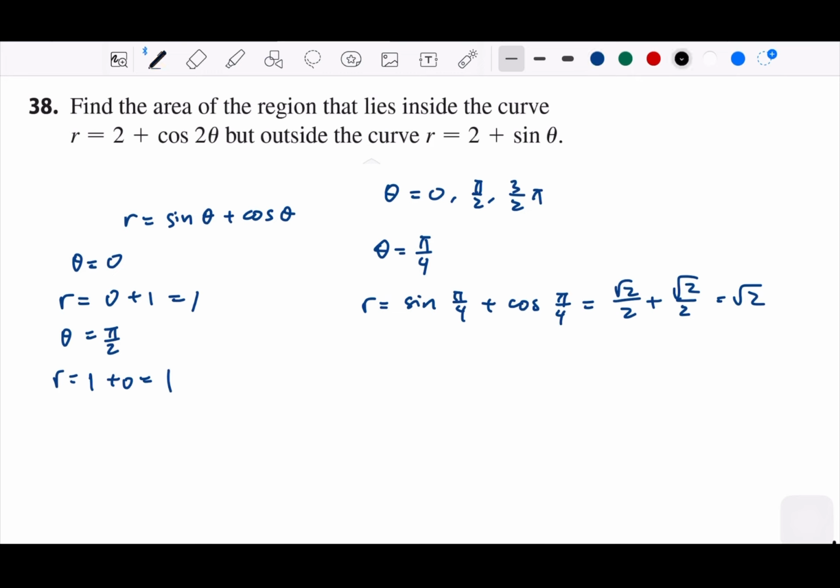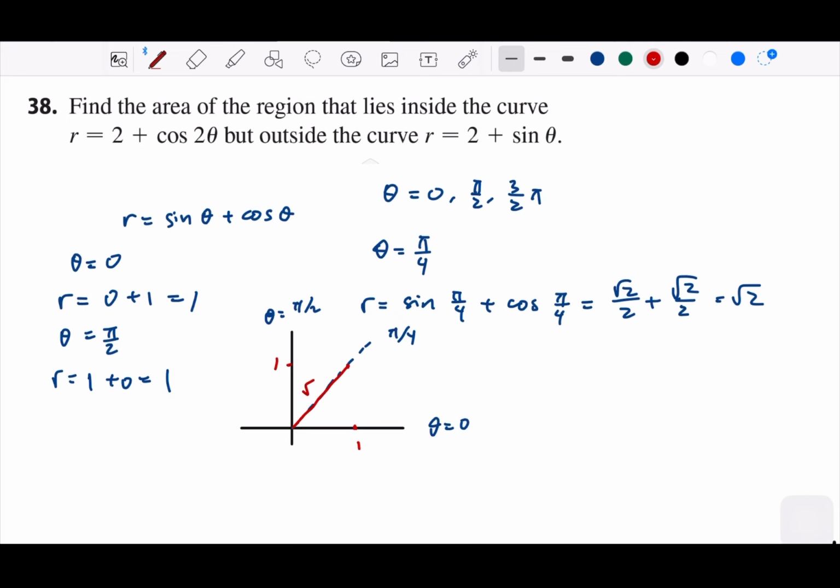So if this is theta equal 0, this is theta equal pi over 2, and this is pi over 4, then if this is 1 and this is 1, this is perfectly the hypotenuse, square root of 2. That is the length for pi over 4.